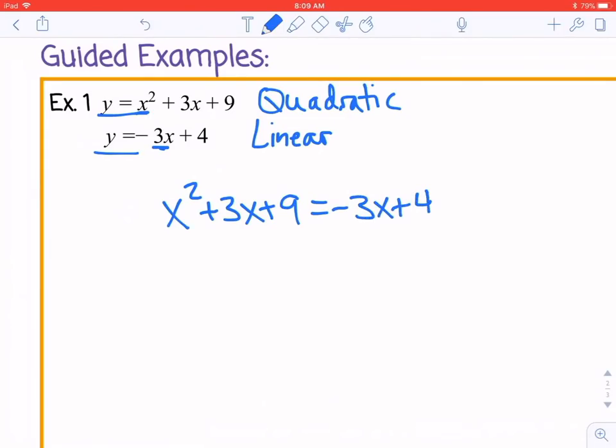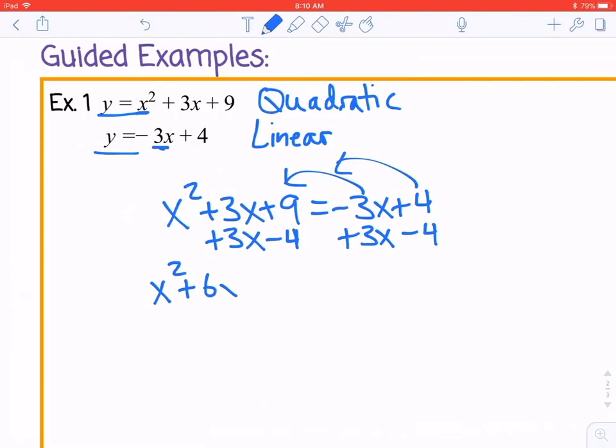Now, like we've done in the past, we need to put everything on one side. So we add the 3x and subtract the 4, moving everything over to the left. Then we end up with x squared plus 6x plus 5 on the left-hand side, equal to 0, so it's in standard form.